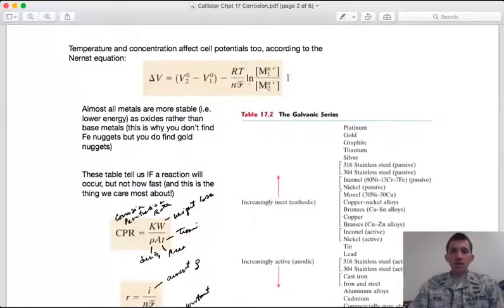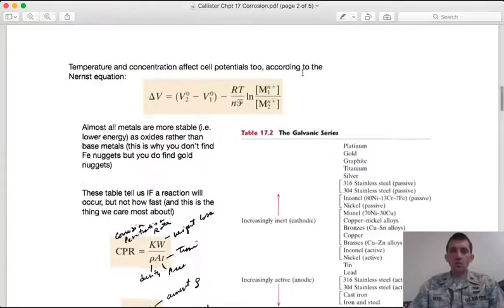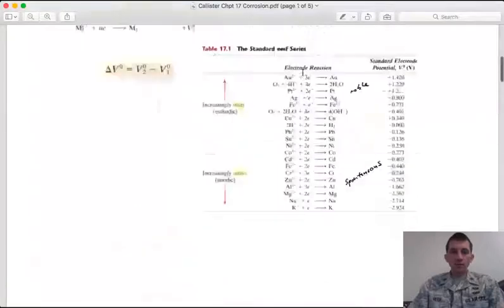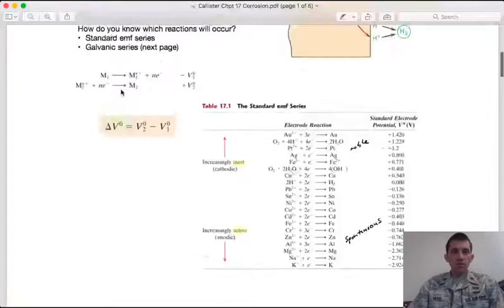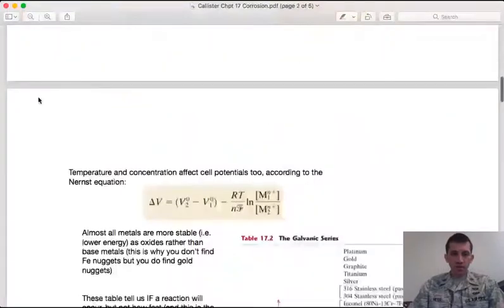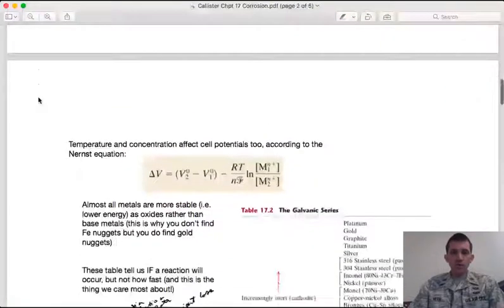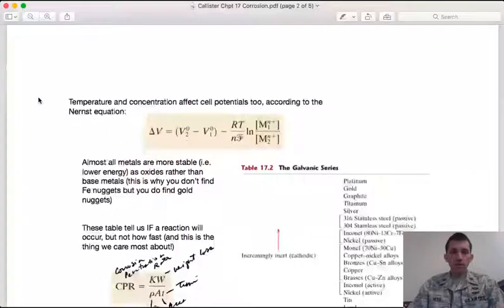We're also going to have a higher potential as the concentration of M1 increases, which I believe, yes, would be the metal, the anode concentration, right? Which would make sense. As there's more anodes, we would be driving the reaction harder.